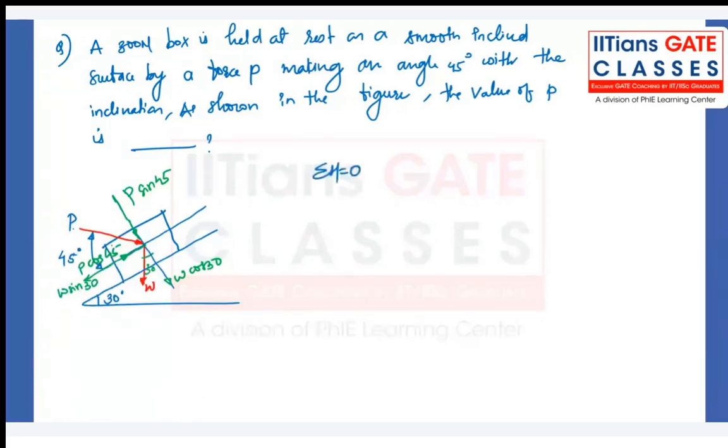Summation of all horizontal forces means P cos 45 is equal to W sin 30. W is 300, so 300 sin 30. Sin 30 is 1 by 2, so P cos 45 is equal to 150. So you'll get the value of P.